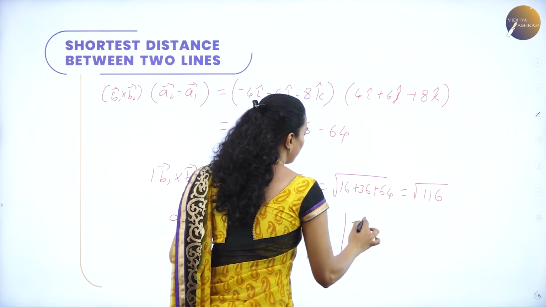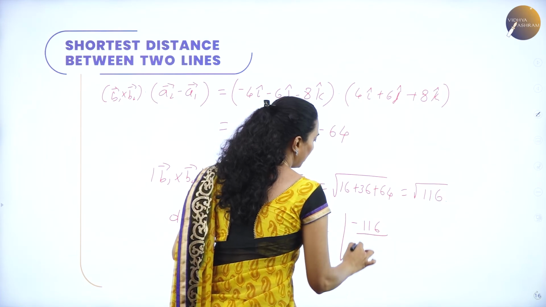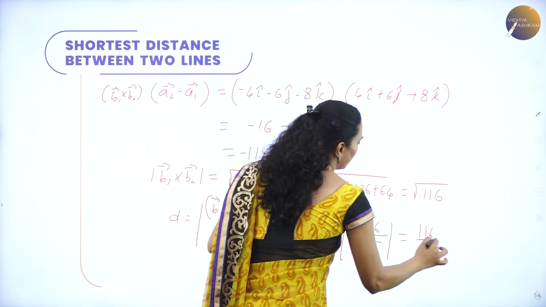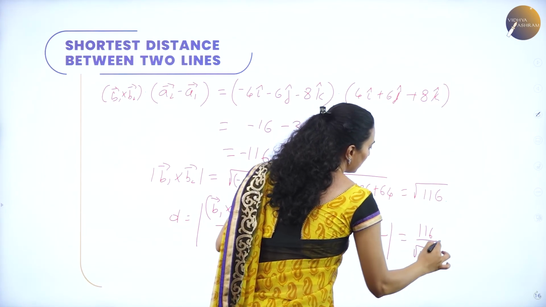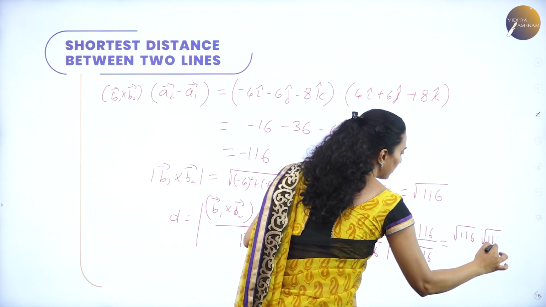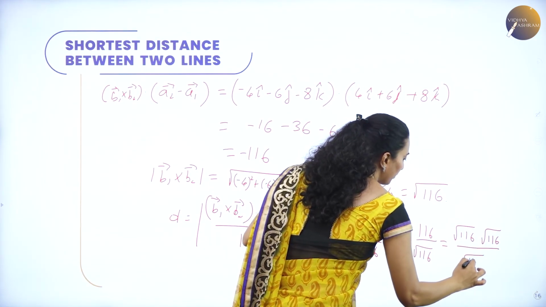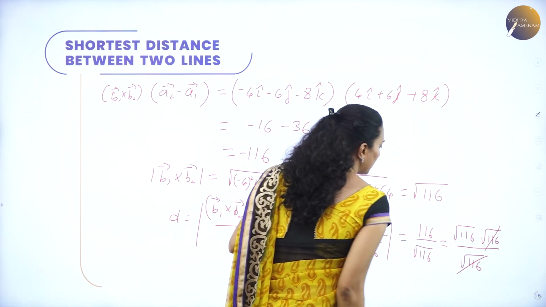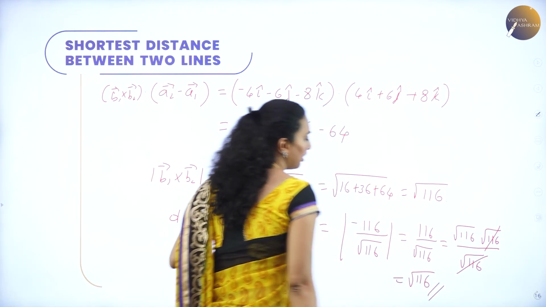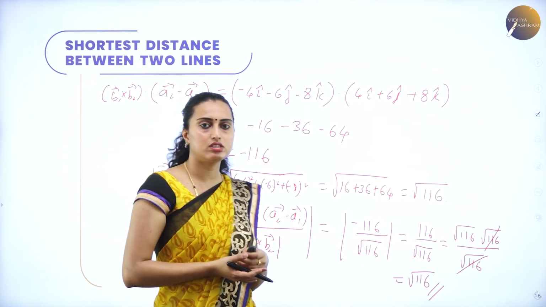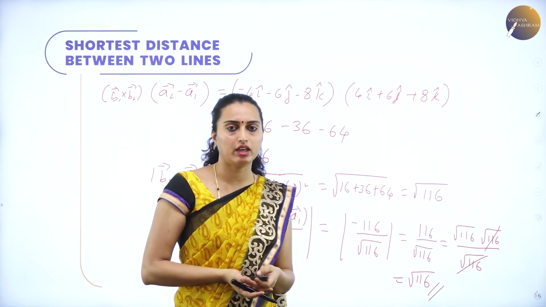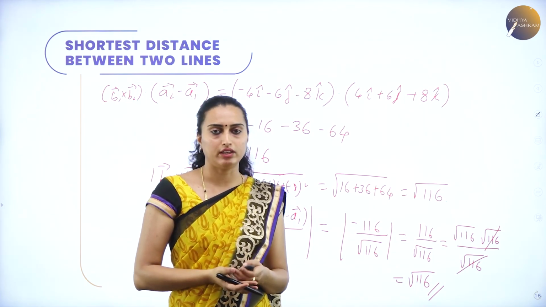Which is nothing but minus 116 divided by the root of 116. You can write here the root of 116 into the root of 116 divided by root 116. This root will get cancelled. The final answer you are going to get is root 116. And this is your shortest distance between the two lines in the Cartesian form whenever they are given. You need to solve like this.